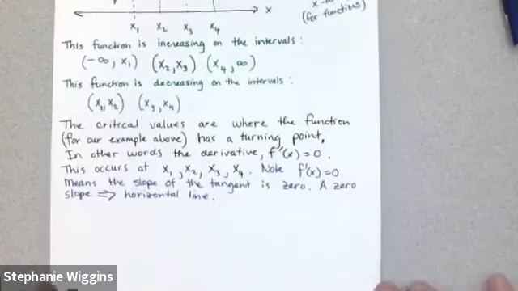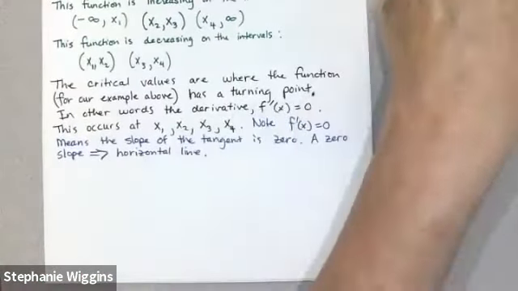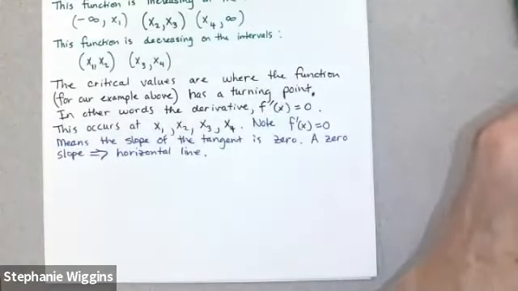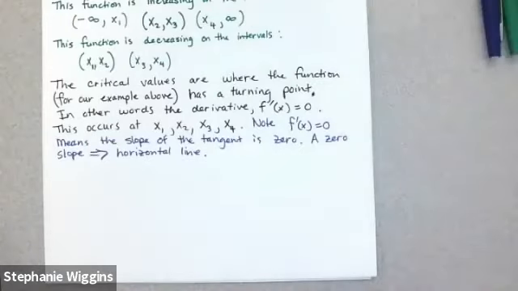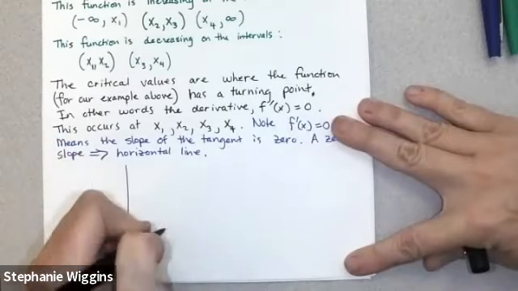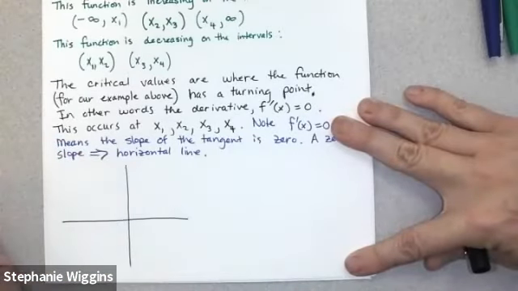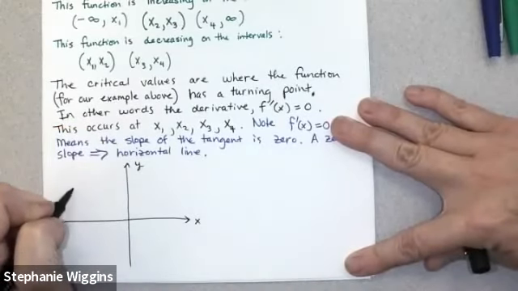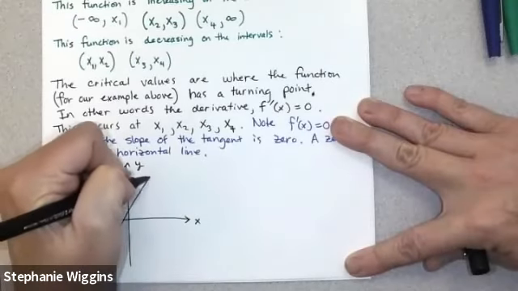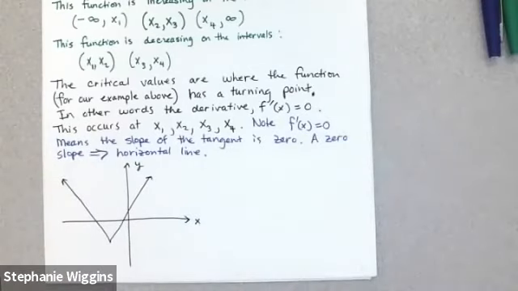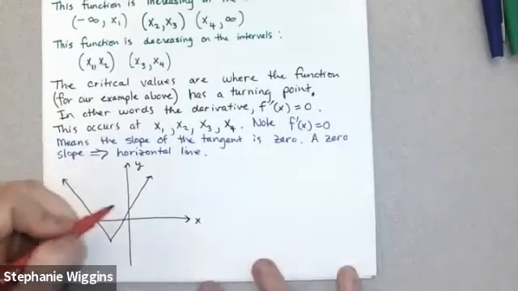Okay, so looking here, let's say we have a graph, and we have some function that looks like this. You can see that something is happening here.